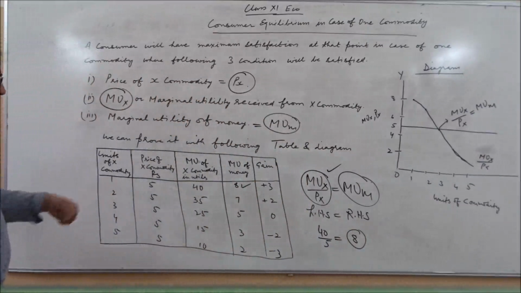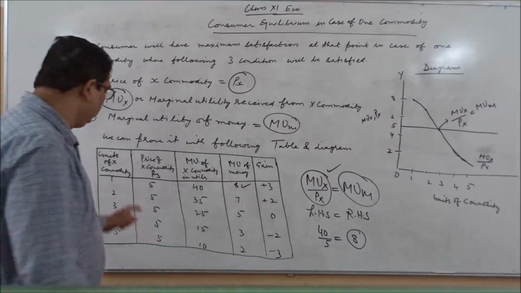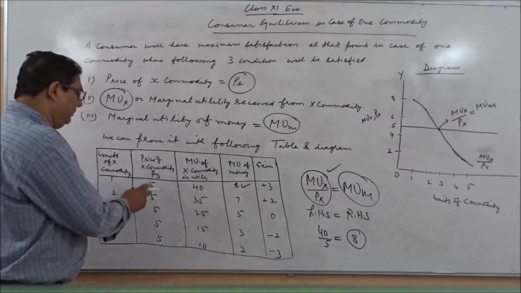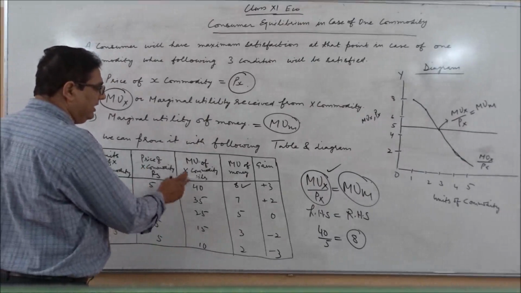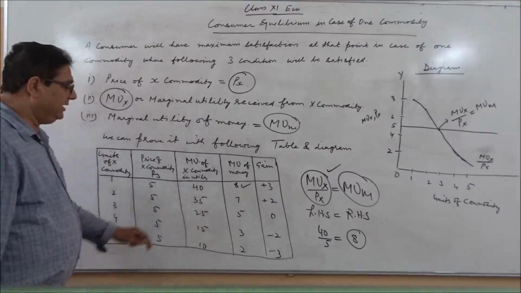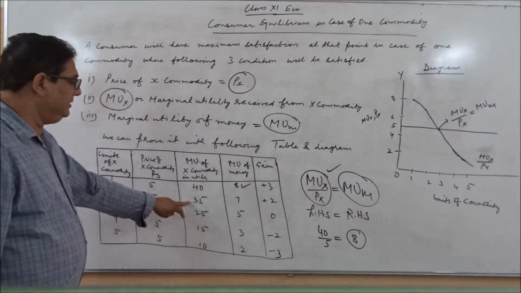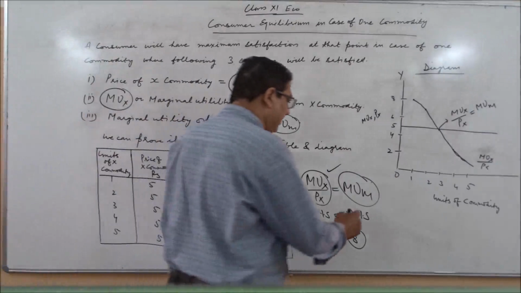In the same way, the price of the X commodity is rupees 5, and the marginal utility received from the second unit is 35.